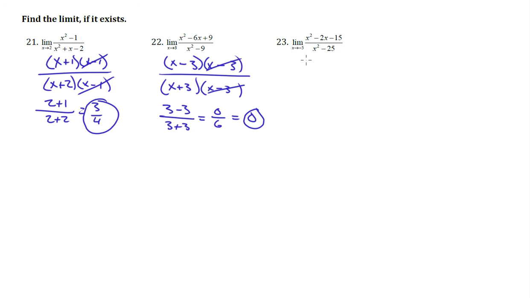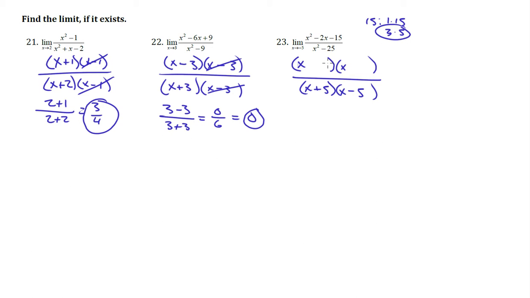Okay, 23. Let's keep trying this factoring technique here. Perfect square minus perfect square, so it's x plus 5 and x minus 5. Factors of 15 that have a difference of 2. So 15 is 1 times 15, or 3 times 5. Those have a difference of 2.